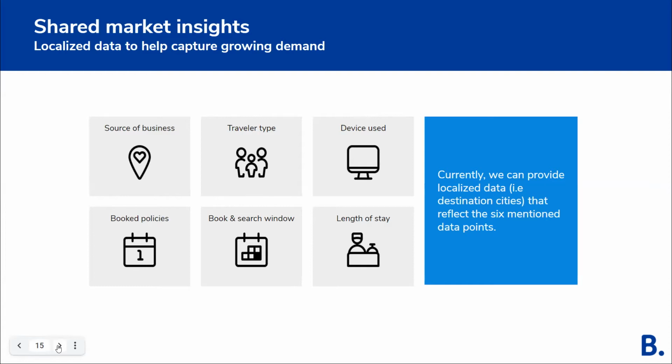The traveler type looks at where you can compare the different sizes of groups that are booking into your area. So solo travelers versus child and families versus couples. You can also look at the device used. So if customers are booking via their mobile or via desktop or tablet.